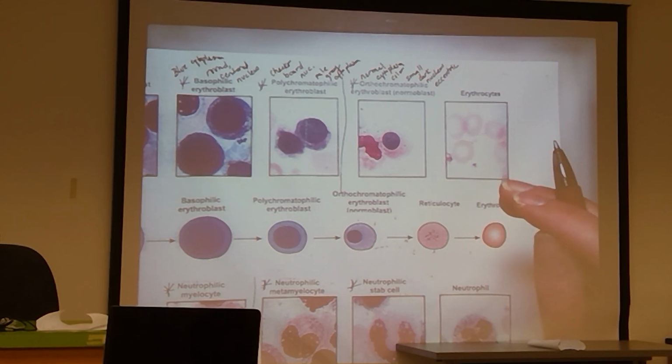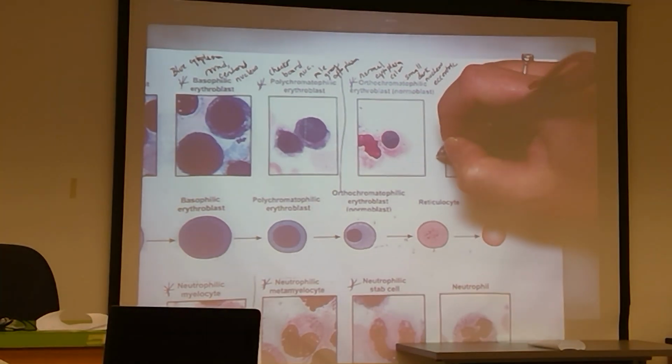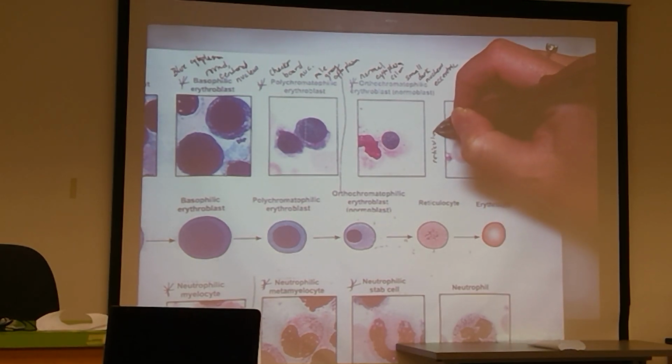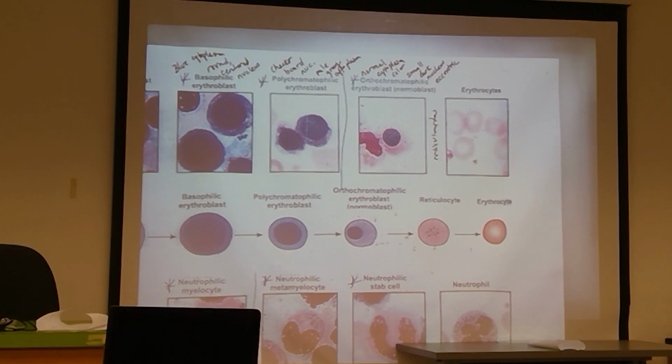If normal color cytoplasm is not good enough, you can call it maybe like salmon pink cytoplasm color. And then erythrocytes are just the normal red blood cells. We're not looking for reticulocytes. I would know that reticulocytes are here in the line. But we're not going to look for them, so there's no picture of them.